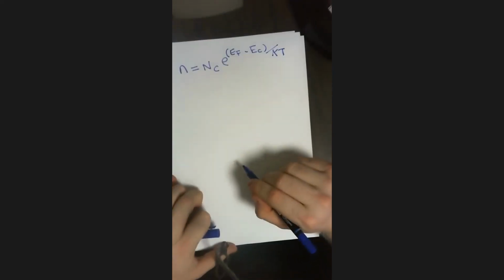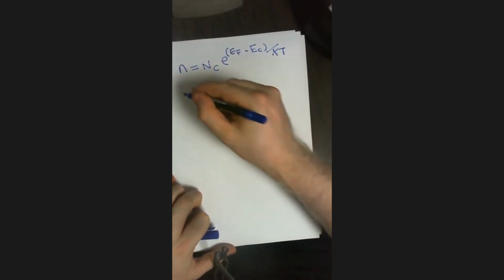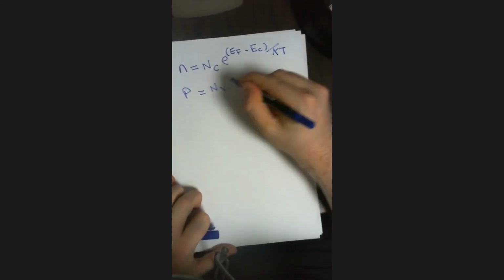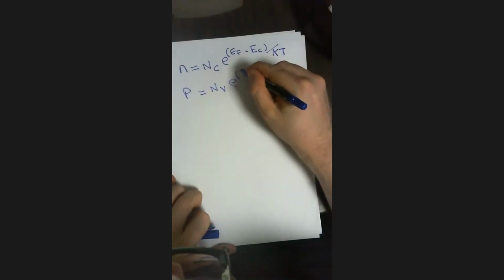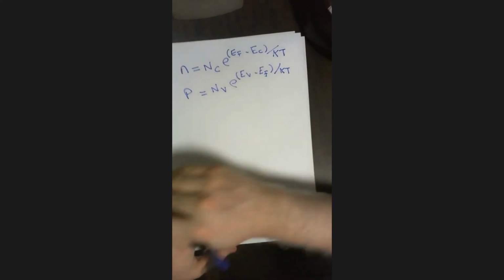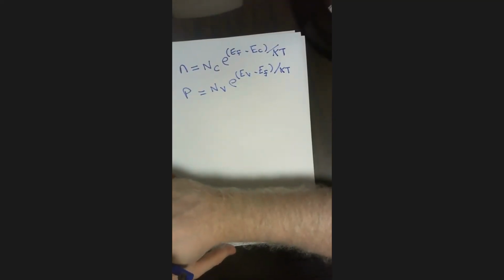So this is the first formula. And the second one is P, or holes, which is equal to NV exponential EV minus EF over KT. And this is the second formula.